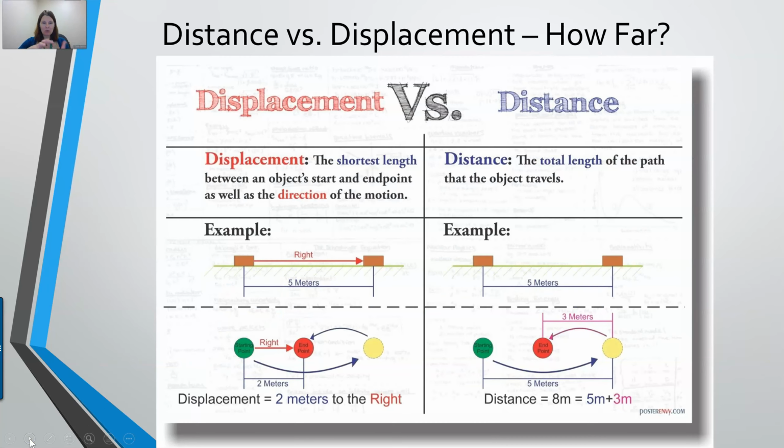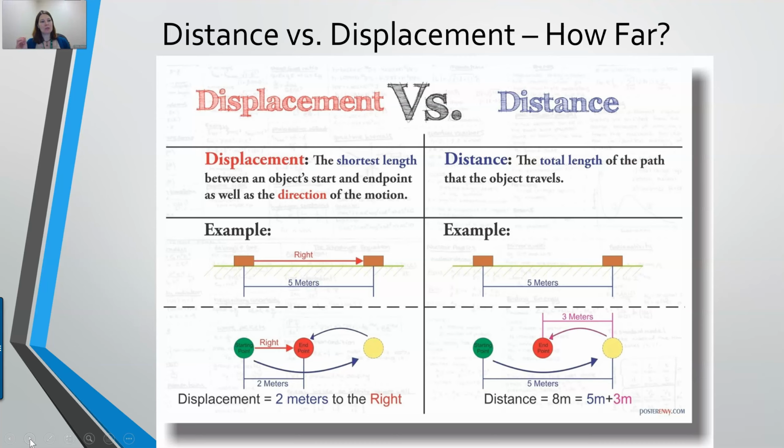So the next thing we want to talk about is distance versus displacement. There are two things that we will want to know, and they're both about how far. Distance is how far something has physically traveled, like the total length of the path, whereas displacement is the shortest distance between the initial position and the final position. So the start and the end point.